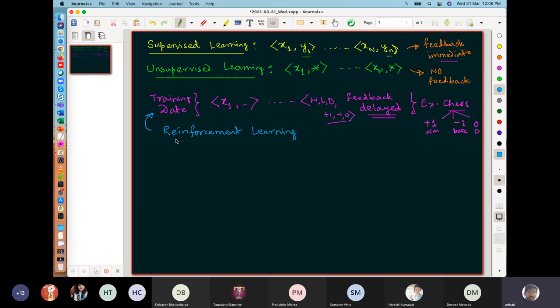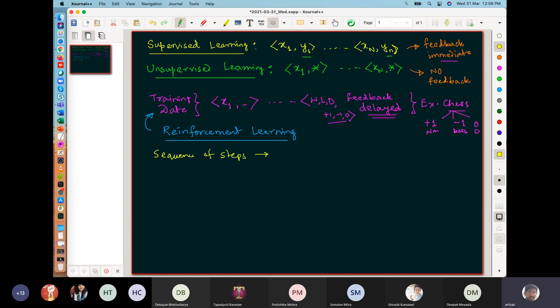The word reinforcement depicts this delayed feedback, because it gets reinforced across different positions of the game, and therefore you accumulate a cumulative feedback. To maximize your feedback, you get a better and better policy. We will see all these factors. In a typical setup, reinforcement learning is dictated by a sequence of steps.